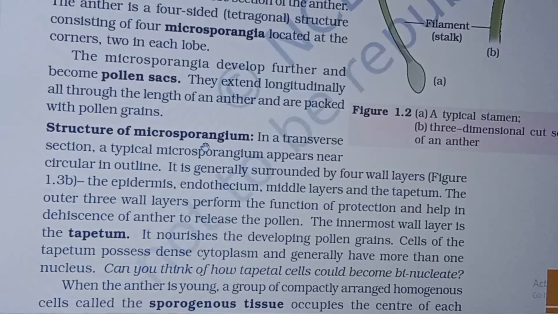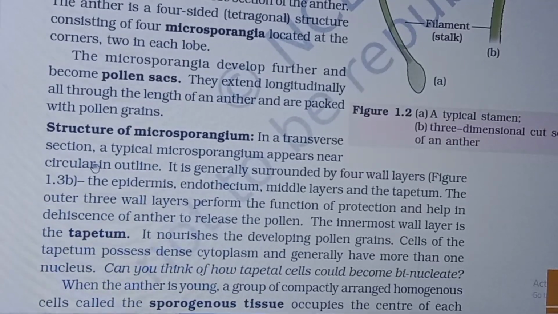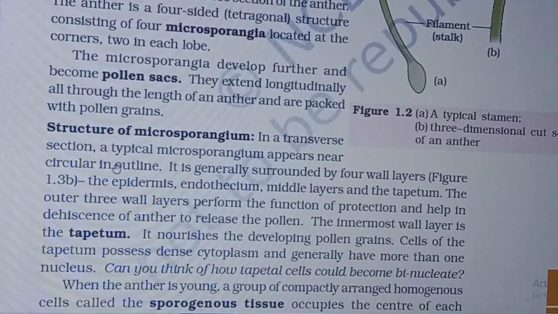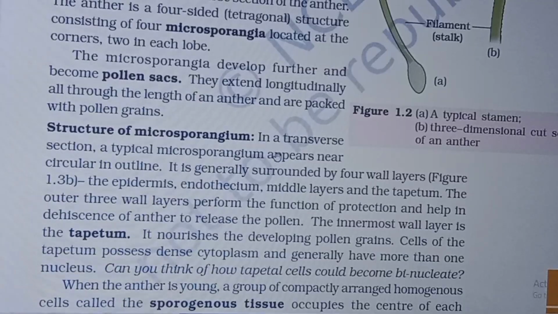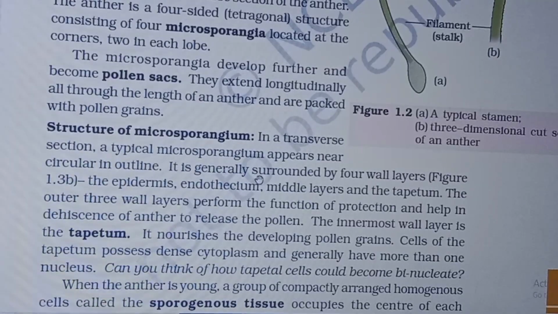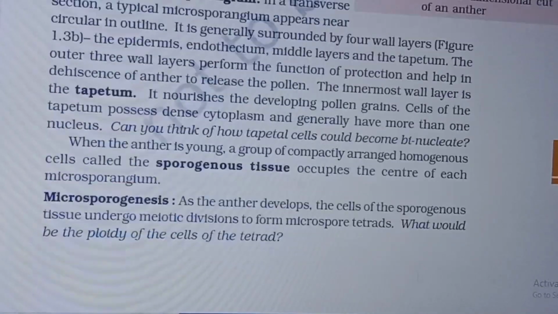Structure of the microsporangium. In the transverse section, a typical microsporangium appears near circular in outline. It is generally surrounded by four wall layers: the epidermis, endothelium, middle layer, and tapetum. I will show the picture.